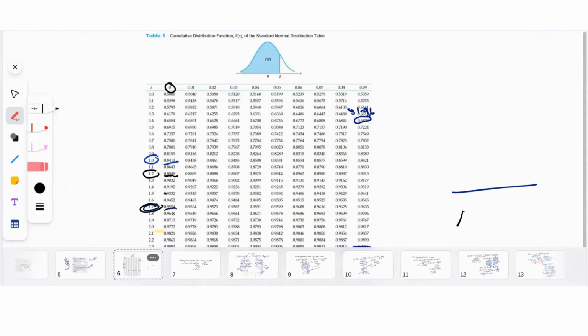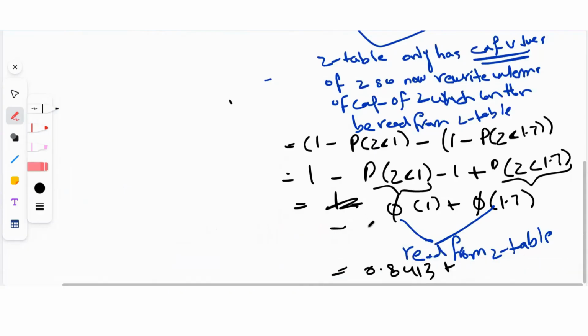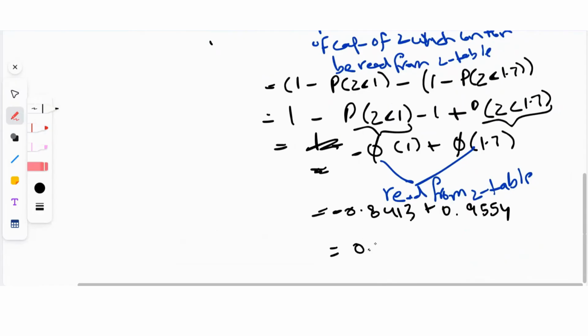So it's 0.9554. Okay, so sorry, my bad, this was minus Phi(1). So this is minus 0.8413 plus 0.9554, which is equal to 0.1141, right?